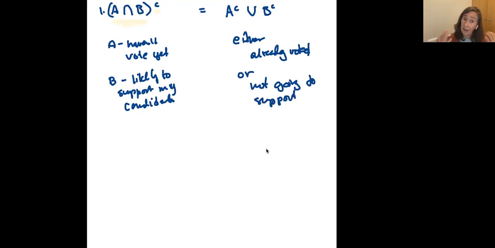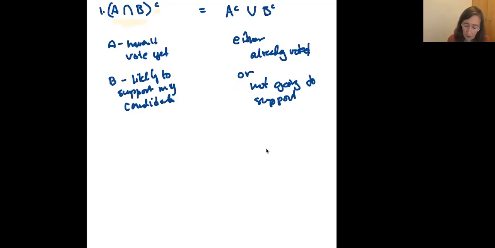Okay, so in that kind of concrete example, it's easy to see how if the things you're looking for have two properties they need to have, they need to be in A and they need to be in B, you can skip them if they fail to have either one. Okay, so the negation of an intersection is the union of the individual negations, right?